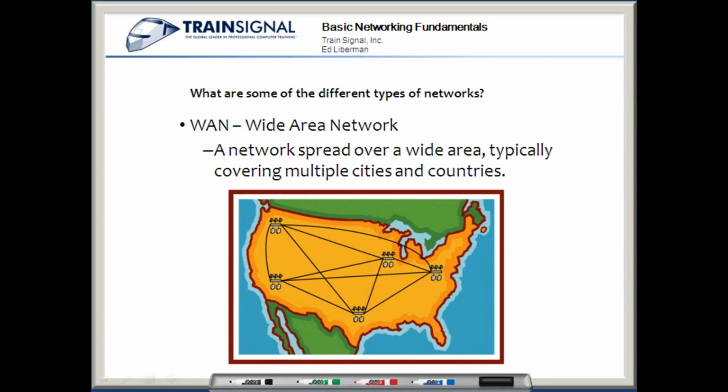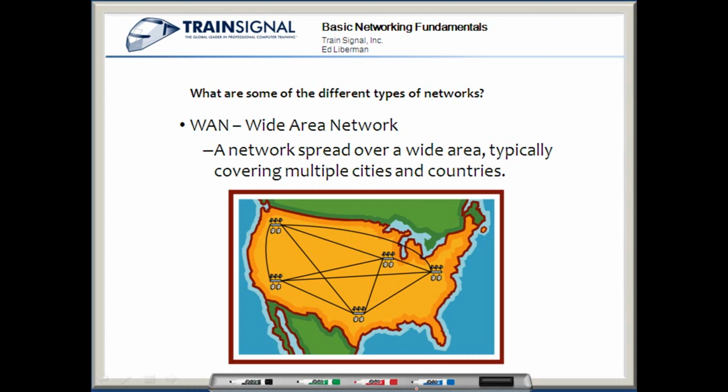But WAN stands for Wide Area Network. And it means just that. It's a network spread over a wide area, typically covering multiple cities and possibly countries. But as I mentioned a moment ago, it could be even within a single campus or a single metropolitan area.